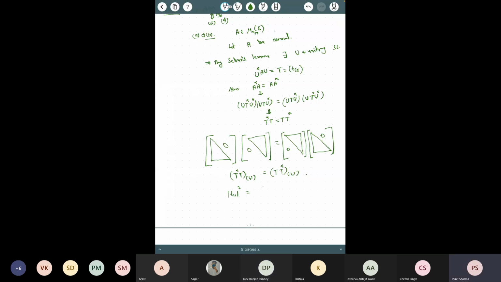Sum of T1i squared. Right. Now, if you compare the left-hand side and the right-hand side, what do you get? What does this imply?